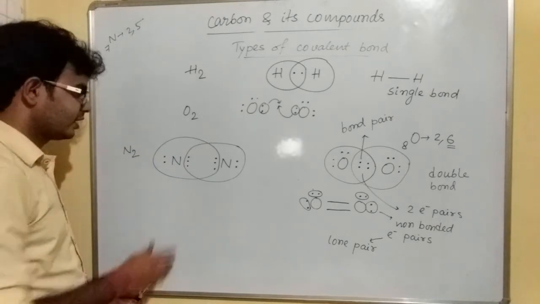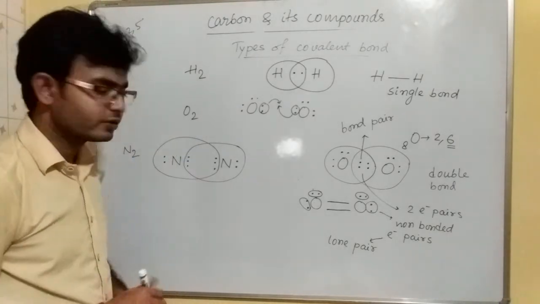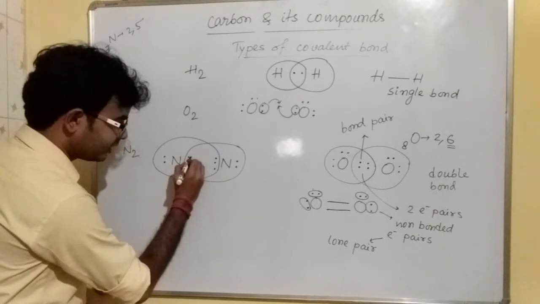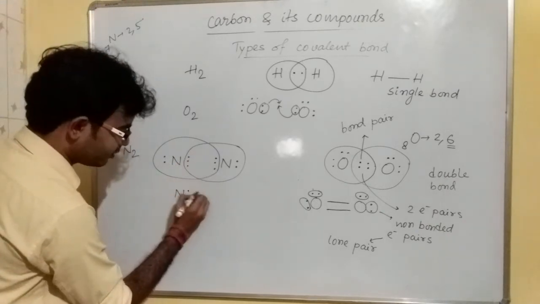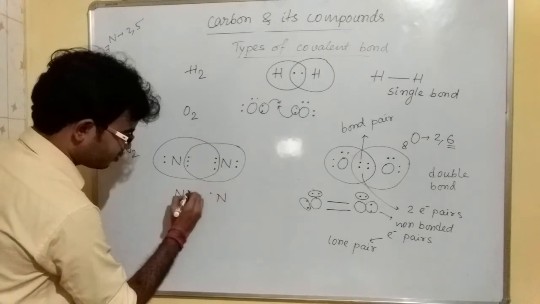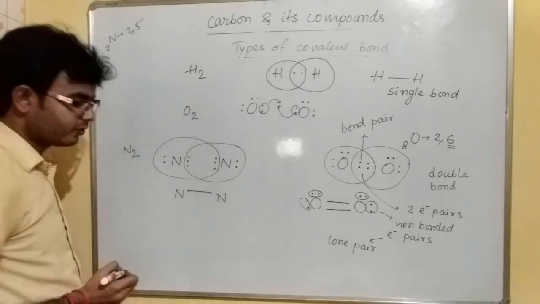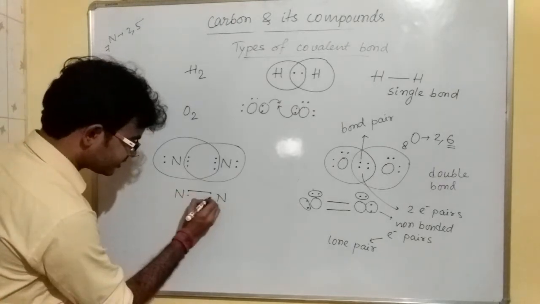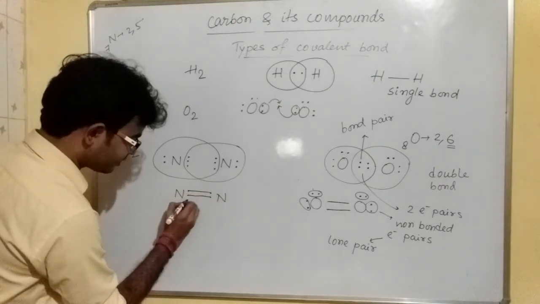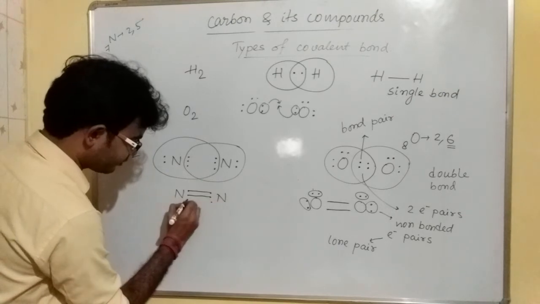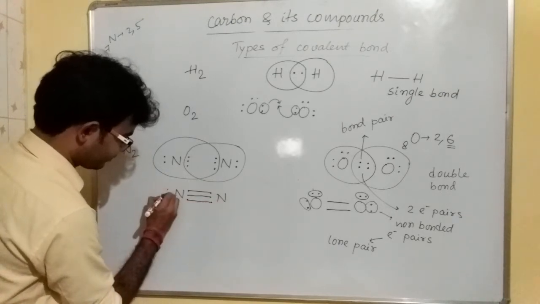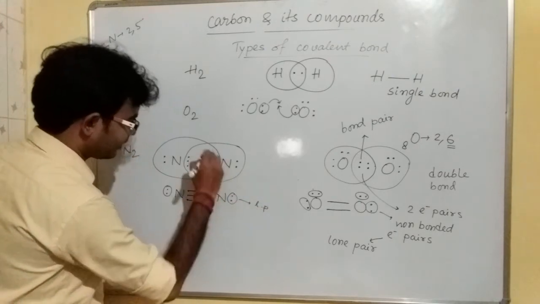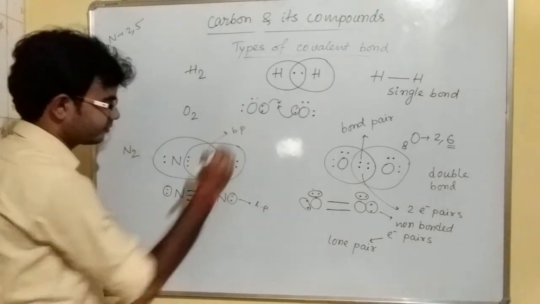Now as they share 3 electrons, what will they form? 2 electrons combine to form a single bond. The same phenomenon takes place here also. This one is another bond and this one is another bond. Okay, these are the lone pairs and these are the bond pairs.